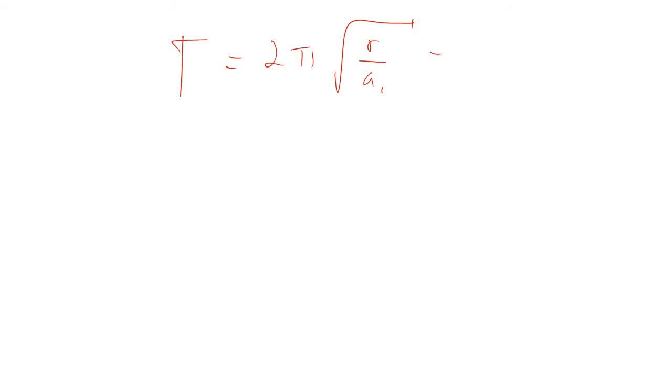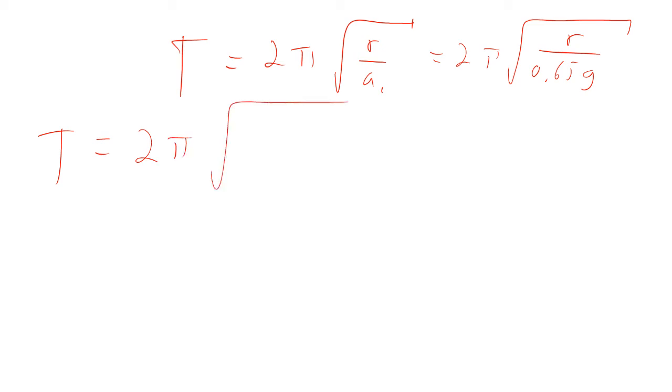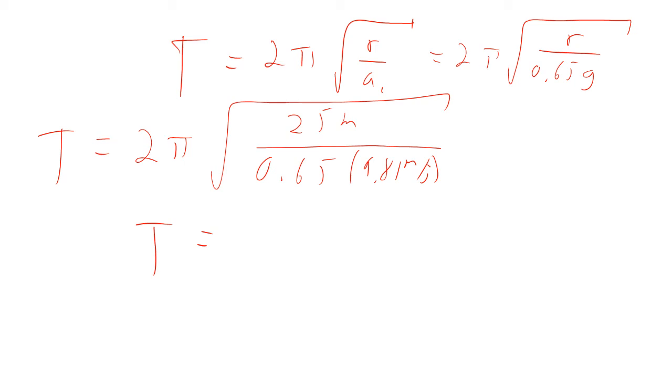Well, we said that ac only has to be equal to 0.65 g. And we realize we've got everything that we know here. 2 pi square root of 25 meters divided by 0.65 times 9.81 meters per second squared.